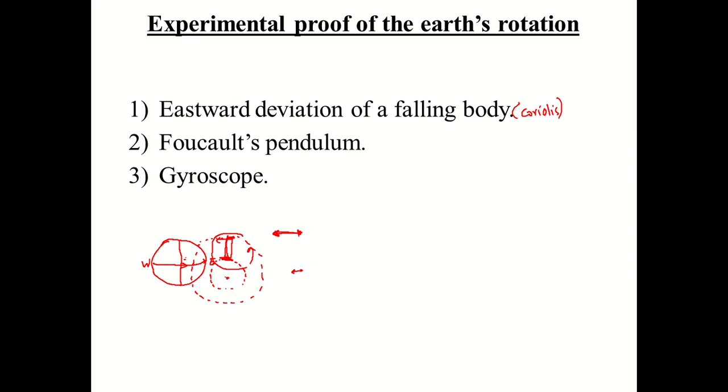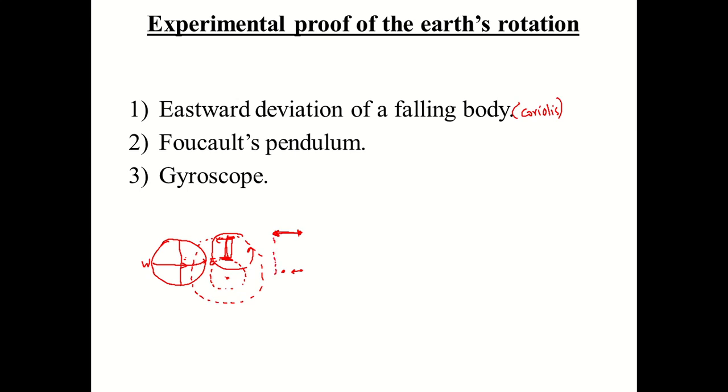But when the stone is dropped from the top of the tower, it has a greater speed compared to an object at the base of the tower, towards the eastern side, because Earth is rotating from west to east, so it would have reached somewhere here.